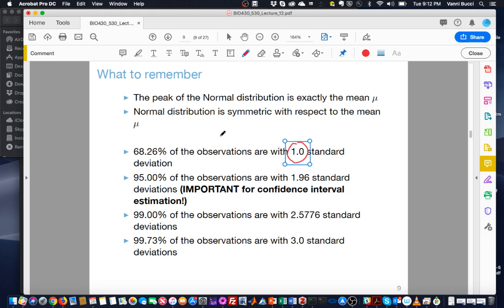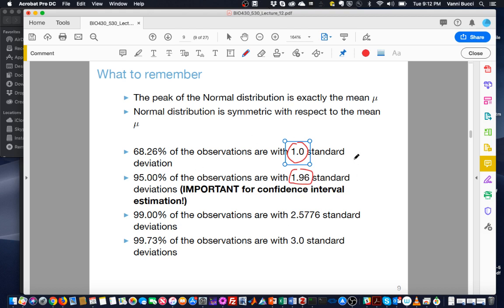So 68% of your data is going to fall within plus or minus 1 sigma. 95% of your data is going to fall between plus or minus 1.96 standard deviations, and so on. This is very important because it's going to be useful for the estimation of confidence intervals.